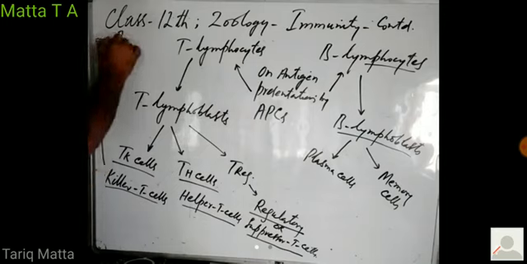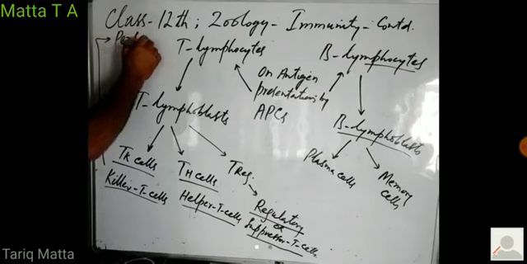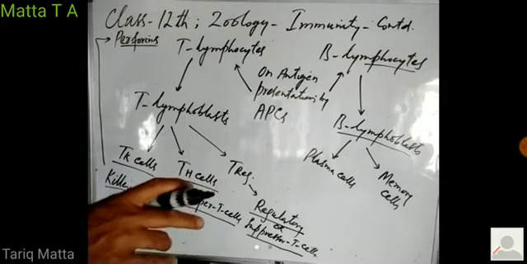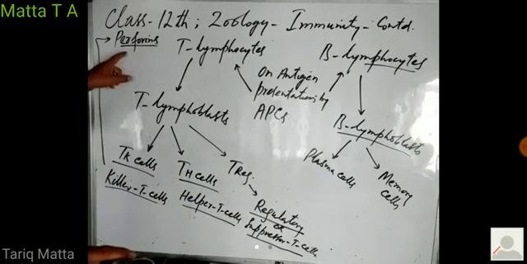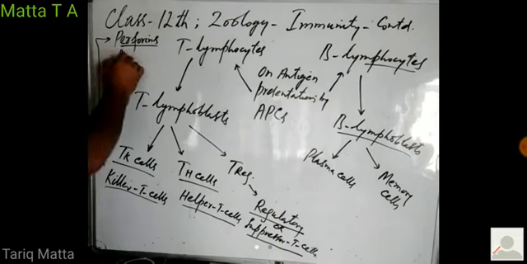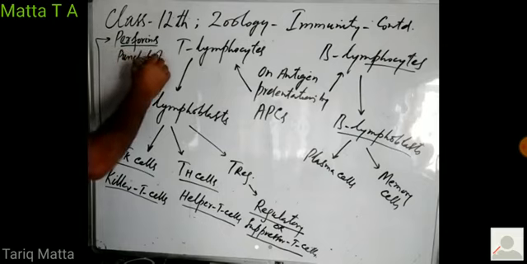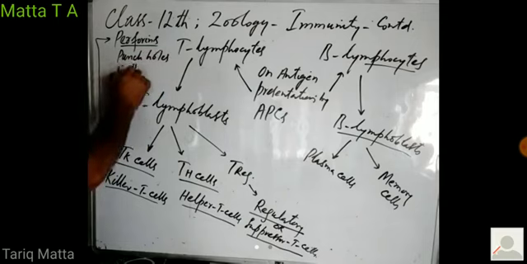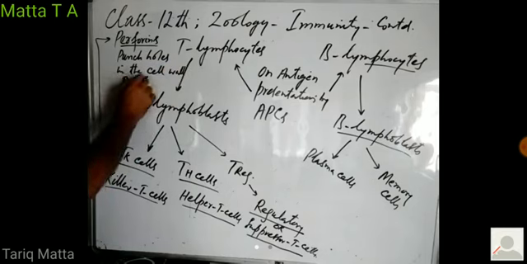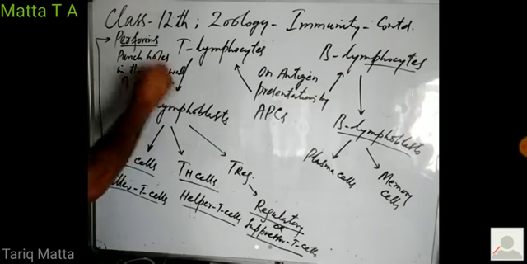First, by releasing perforins. Perforins are defensive proteins released by killer T cells. These proteins punch holes in the cell wall of the pathogen, killing the pathogen.